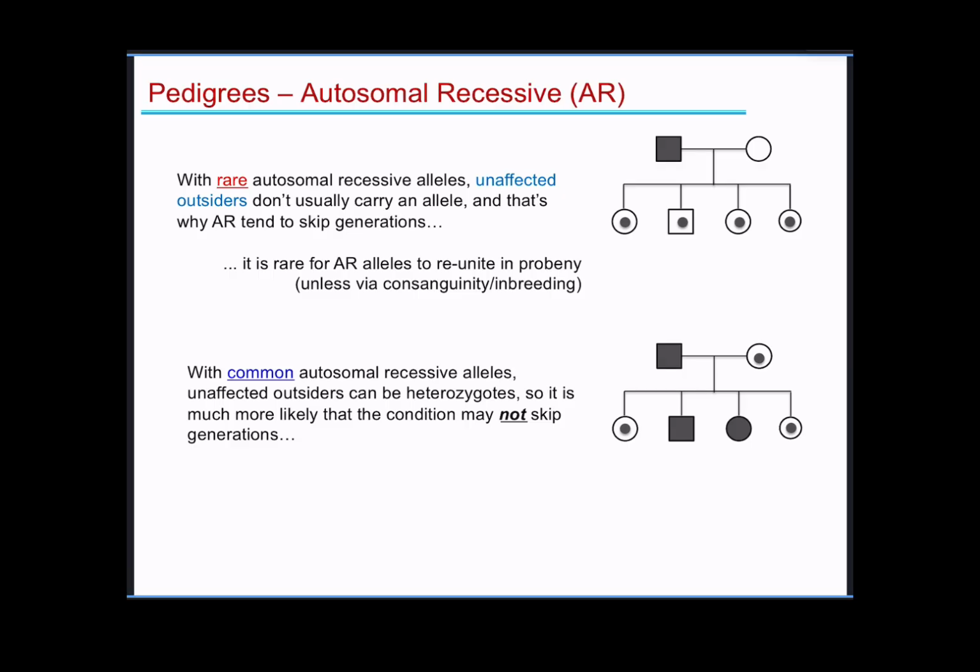Now, on the other hand, notice how I now denoted those dots in each of these children from that original couple, because even though none of them expresses the condition, none of them inherited the recessive allele from mom, they all carry the recessive from dad. Why am I saying that they all carry the recessive from dad? Why couldn't it be that some of them inherited the recessive from dad, but some of them didn't?